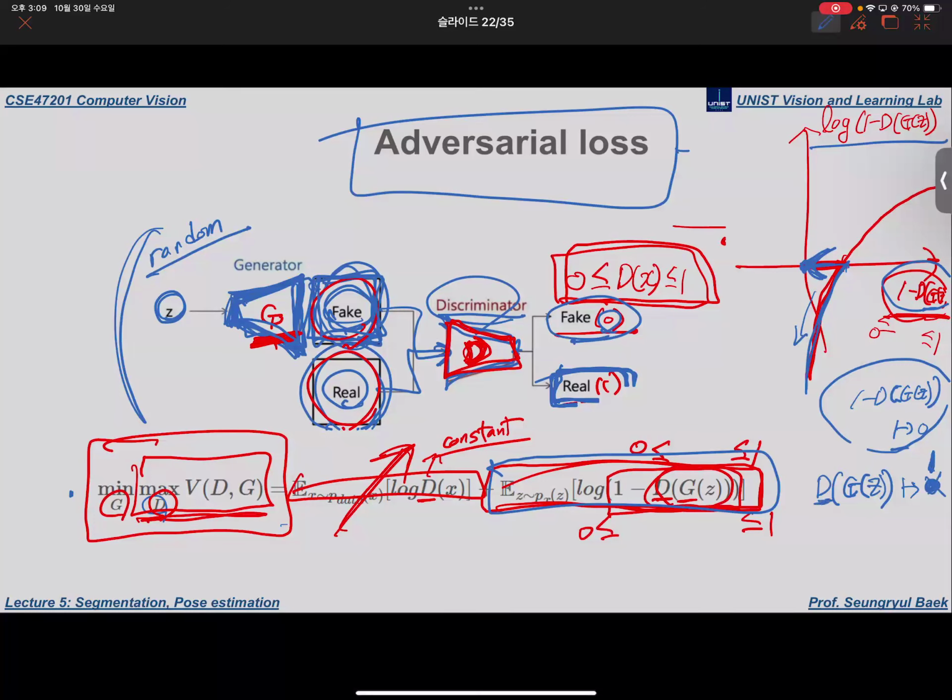So given this discriminator, G(z) will make some fake data. When this fake data is input to the fixed discriminator, the discriminator is becoming to say that the fake data is real, okay?